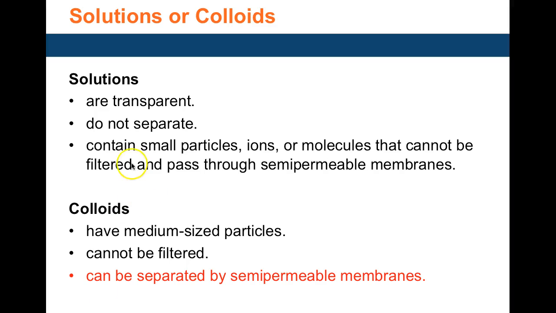So you have solutions which are transparent to light, in which the solute particles are uniformly distributed. They're so tiny, invisible to the naked eye, such as ions and molecules, and you can't filter them out or even use what is called a semi-permeable membrane. Semi means somewhat. Permeable means it allows some things to go through but not other things.